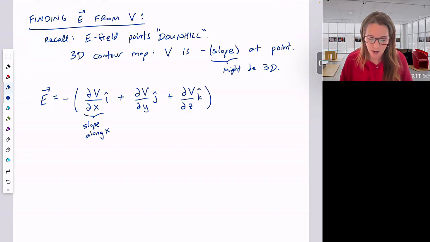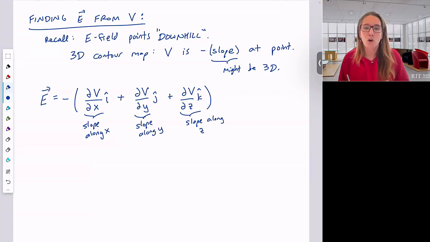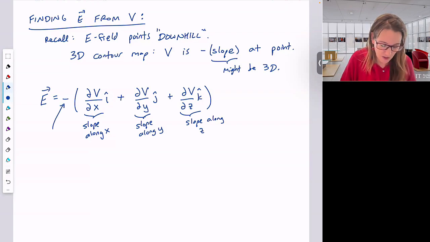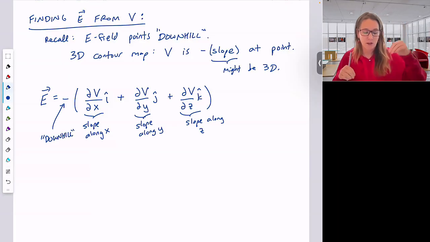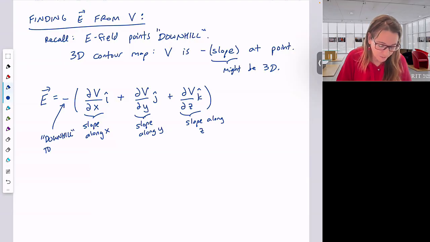So the negative is the downhill part of this, right? We've made it so electric field lines by our convention point downhill towards decreasing potential.